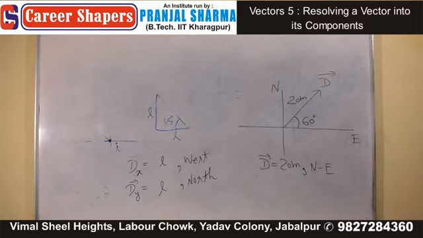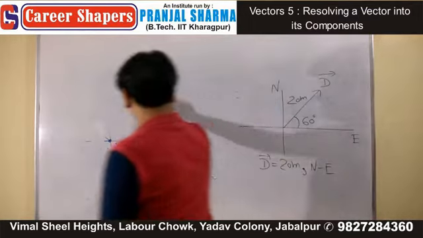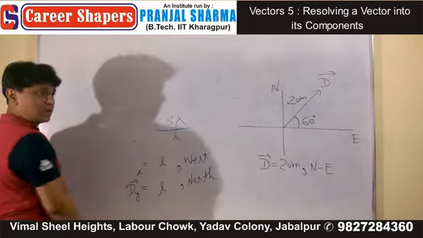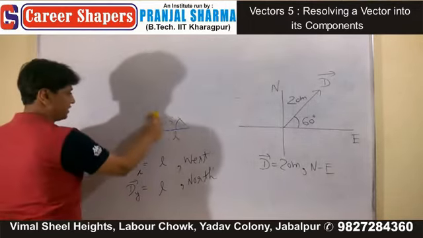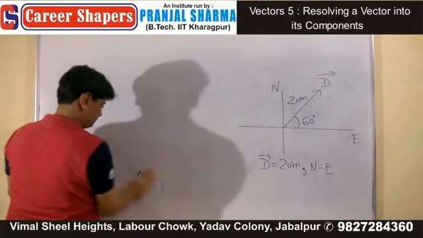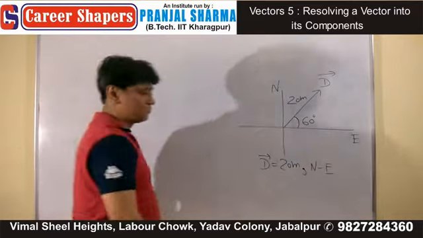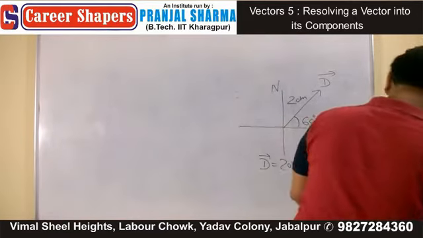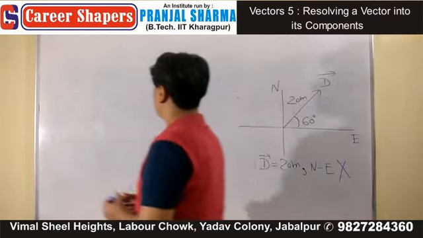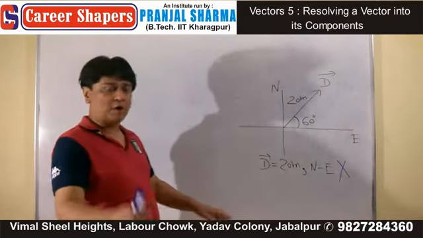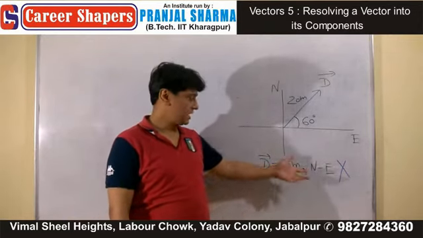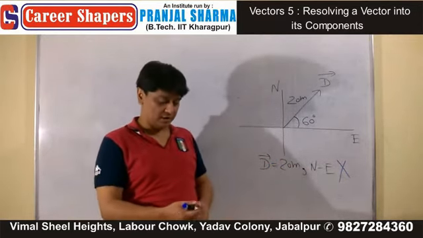Good. We cannot say this is northeast because northeast means exactly 45 degrees. So write down this and then make a cross. You cannot write it like northeast. How do you define this direction? Understand that.